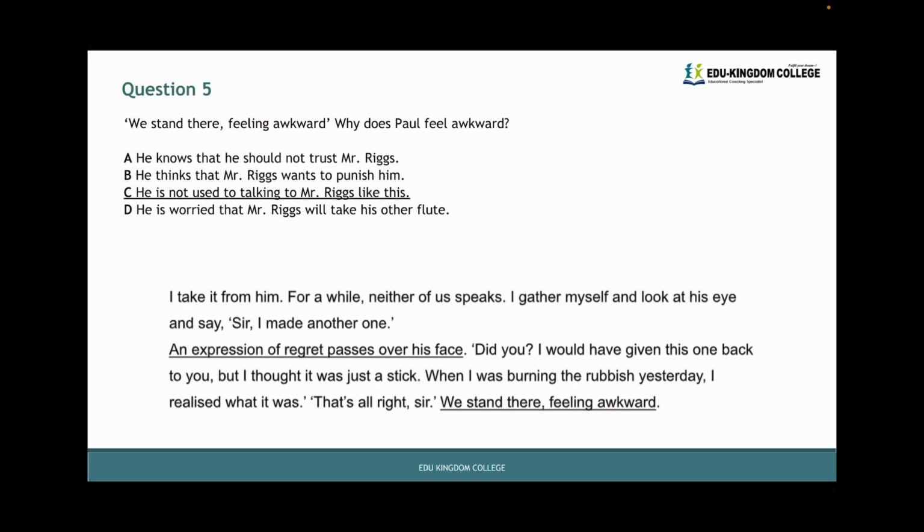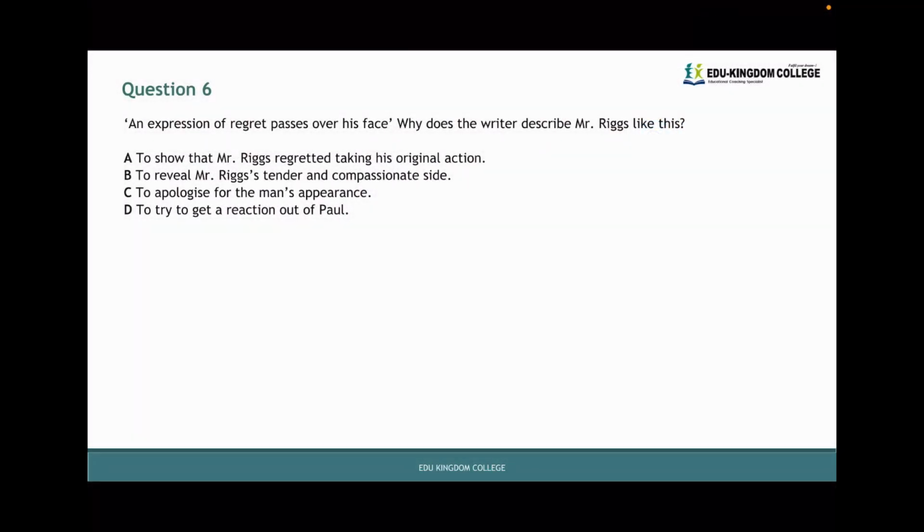So for question 6, an expression of regret passes over his face. Why does the writer describe Mr. Riggs like this? So let's just take a moment to pause and look at the phrase, an expression of regret. So regret means you wish you had chosen something else or maybe had stuck with your original plan.